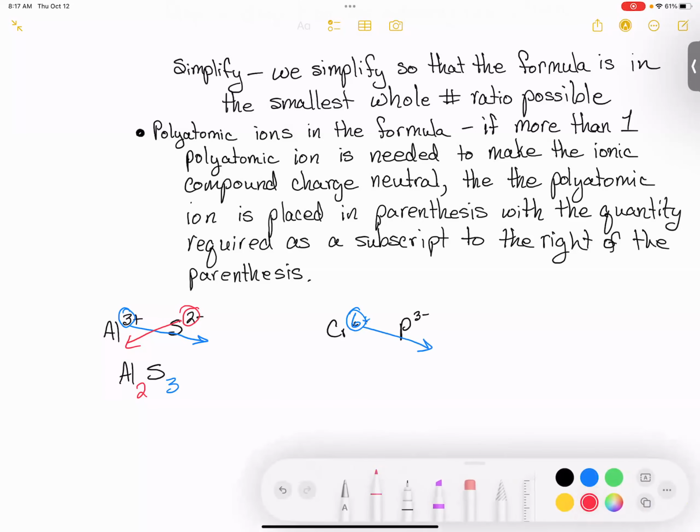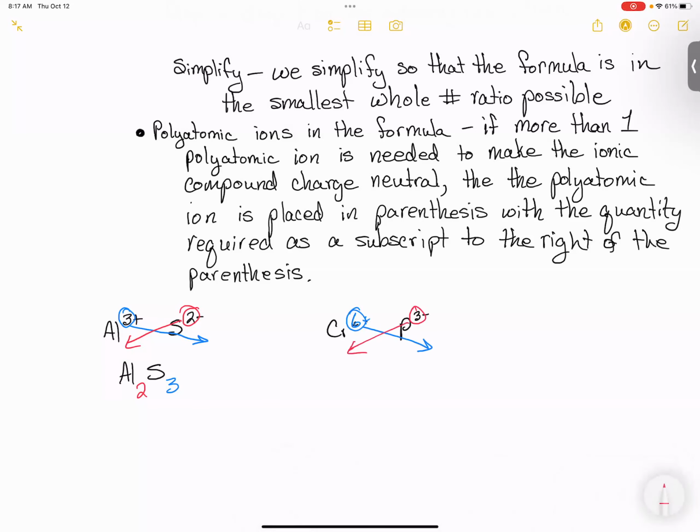We're going to take the charge of the phosphorus and drop it onto the chromium. So we will get Cr3P6. But this is where that other stage comes in. We got to simplify. Both of these numbers are divisible by 3. So we have to do so. So the actual formula is CrP2.